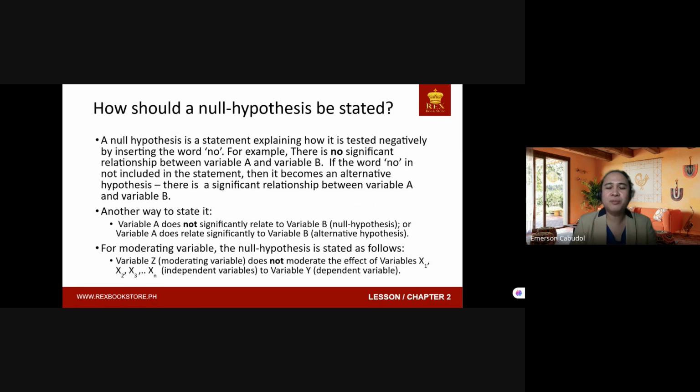When testing a moderating variable, the null hypothesis states that the moderator has no effect. Variable Z, for example organizational culture, does not moderate the effect of variables x1 and x2, training and motivation, on variable y, for example job performance.